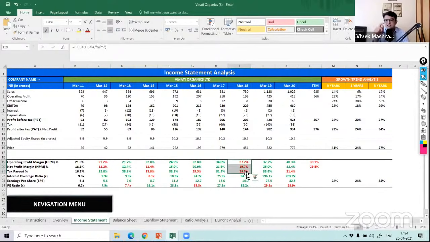And if you ask why, then go to the annual report, con call report, credit rating report, and you will get your answer. But first you should know where to ask why, because a lot of people will do donkey work. They will say, I am a good long term value investor, I will read each and every annual report, they will read 10 years of annual reports. But at the end of the day, they will not get any insight, because they don't have any questions to ask why, right?